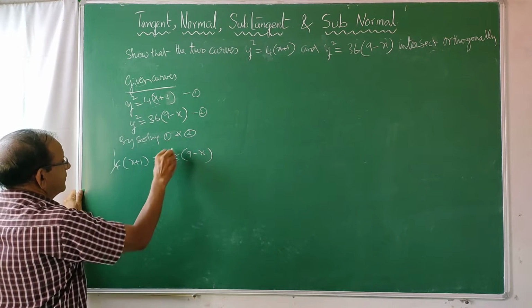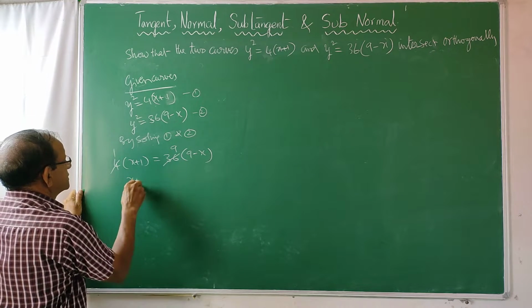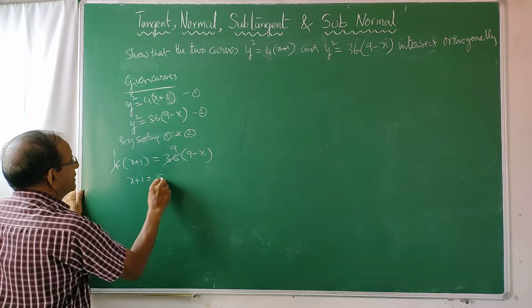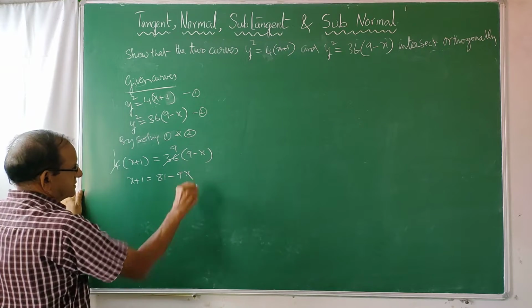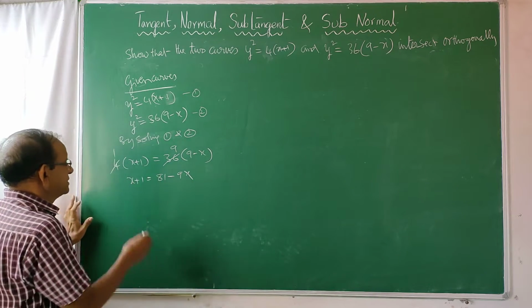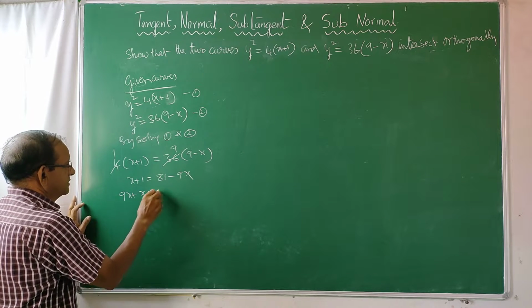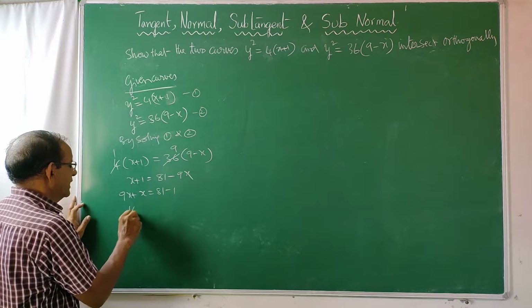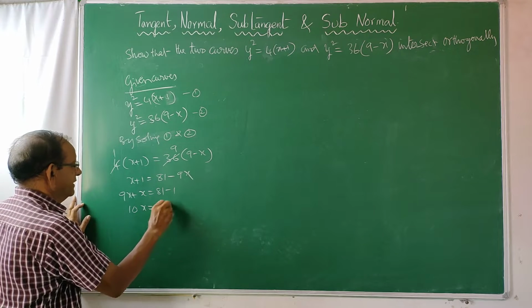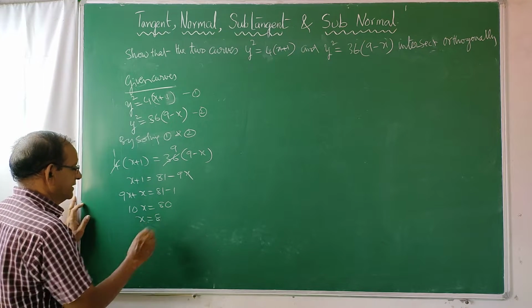You can cancel 4 on both sides. So x plus 1 is equal to 9 into 9, 81 minus 9x. Bring 9x to the left side, 9x plus x is equal to 81 minus 1. So 10x is equal to 80. So x is equal to 8.